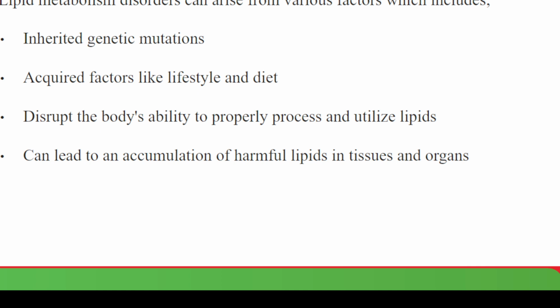How do you feed yourself? How do you live? Do you do some exercise? Are you a smoker? Are you a drunkard? And all that kind of lifestyle. What kind of food choices do you really make? Lipid metabolism disorders can develop from that.